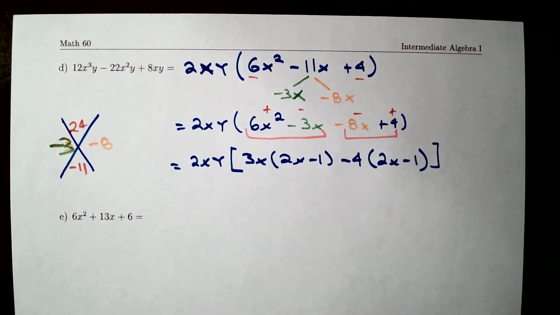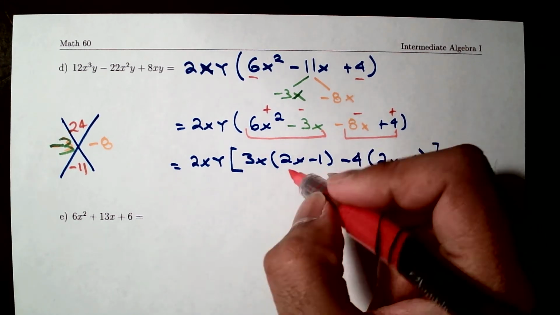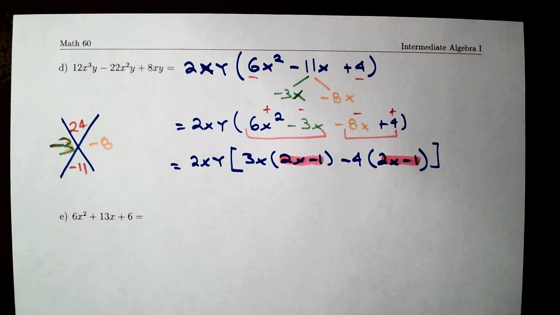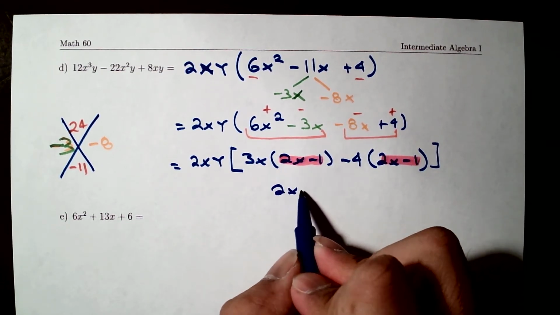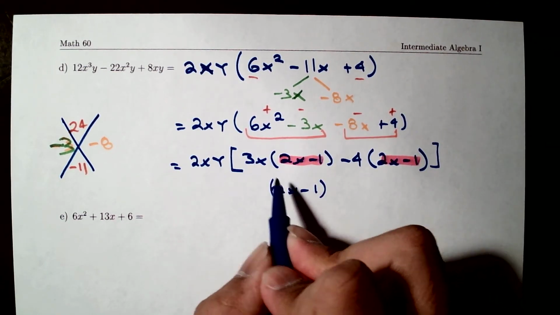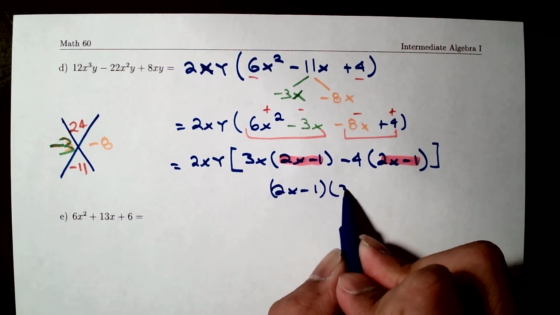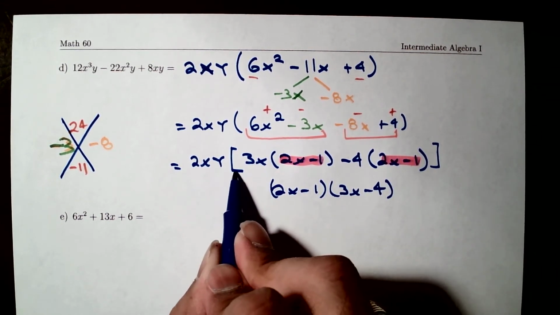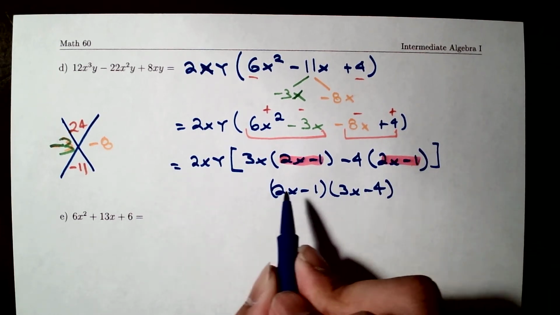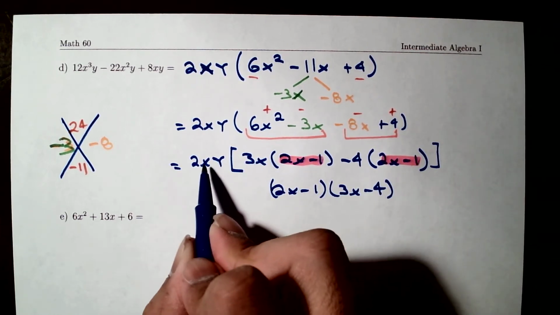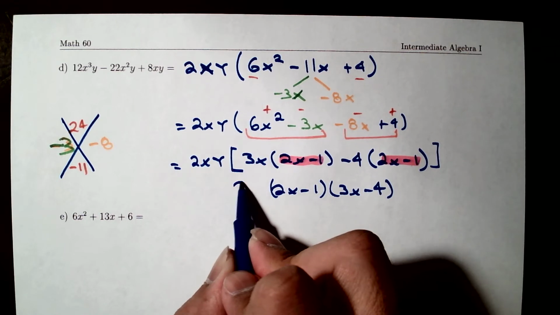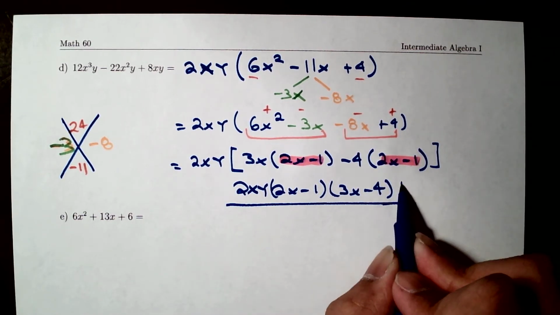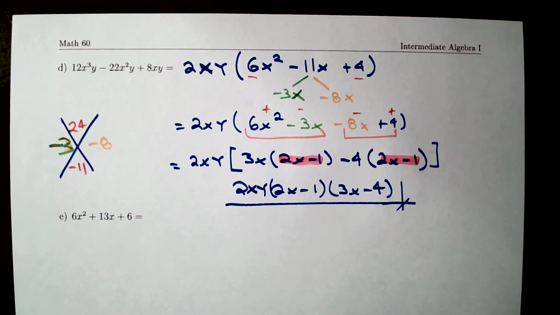And then the overall GCF, 2x minus 1. I'm going to factor this 2x minus 1 times 3x minus 4. And I'm not going to write these brackets anymore because I already have this factored out. I'm just going to carry this 2xy. Final answer.